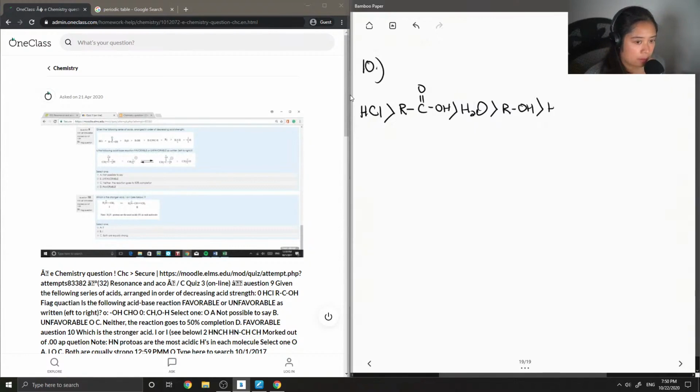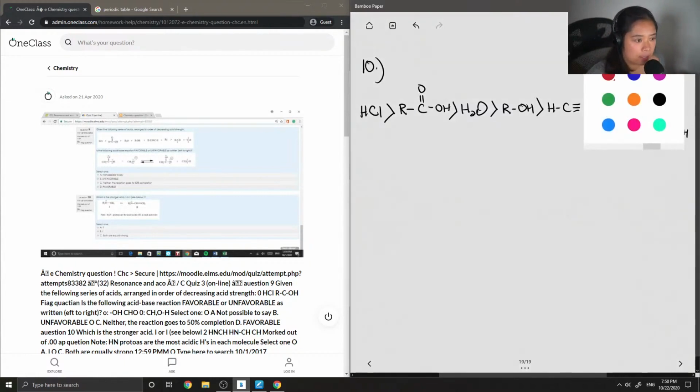The next one is a triple bonded carbon. And then H2. I'm running out of space, but I'll try to fit it in. The next one is like an amine group, I think. And then the last one, which is the weakest, is just this CH group.